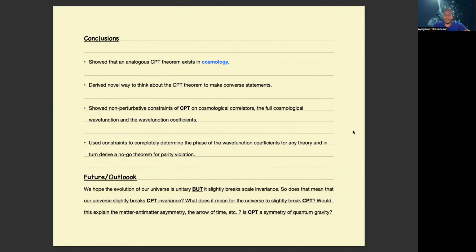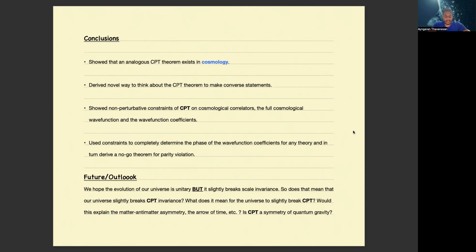And this then tells us that the slight breaking of scale invariance, which is related to slight breaking of time reversal symmetry, is also related to the matter-antimatter asymmetry, or specifically CP violation. So these are all intrinsically linked. So maybe the arrow of time is therefore related to this. This shows a fundamental relation between the arrow of time and baryogenesis.